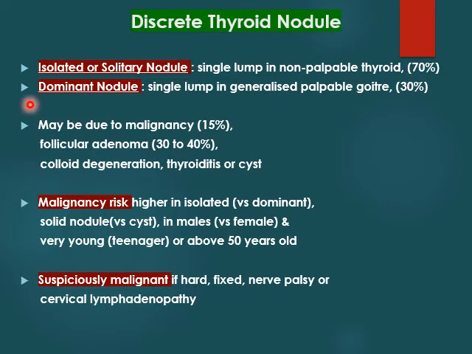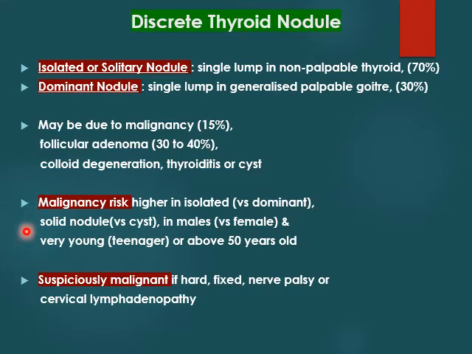The second group is the dominant nodule, where there may be multiple small nodules, but what you feel is the dominant nodule of a multinodular goiter, accounting for 30% of cases. Nodules may be due to malignancy in 15% of cases, follicular adenoma in 30 to 40%, or colloid degeneration, thyroiditis, or a thyroid cyst.